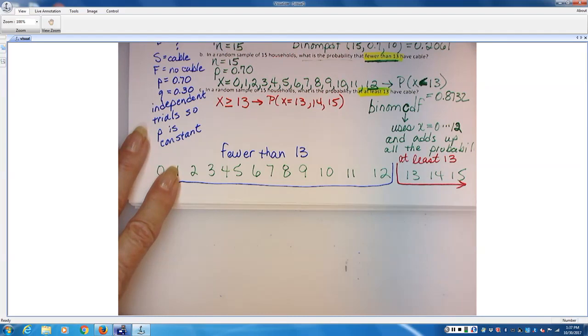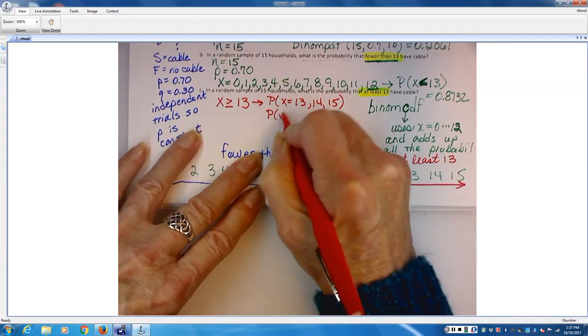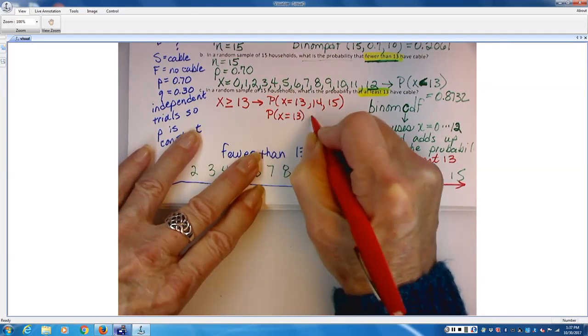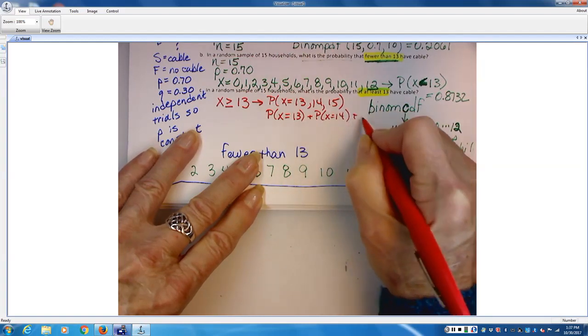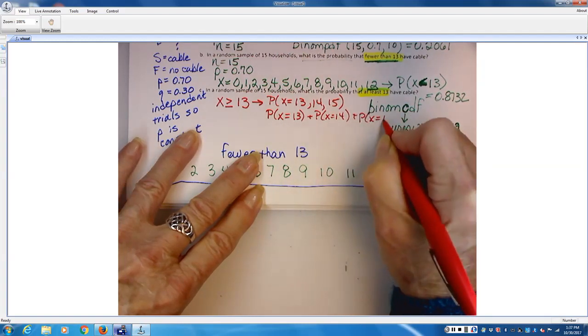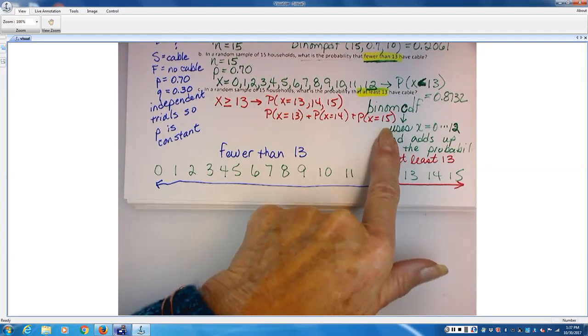It beats the heck out of what I did in calculating 13 of them. You could just add up the probability that x equals 13 plus the probability that x equals 14 plus the probability that x equals 15, which is actually what the answer is. But you still have to do 3 different things.